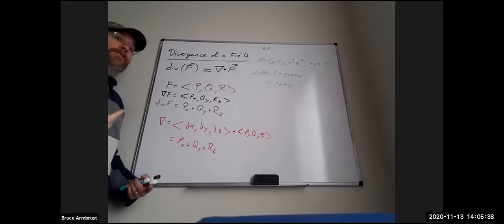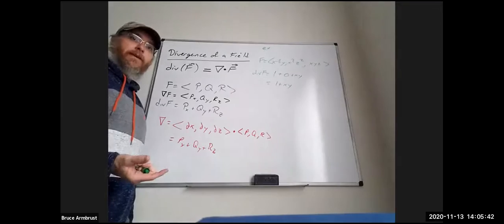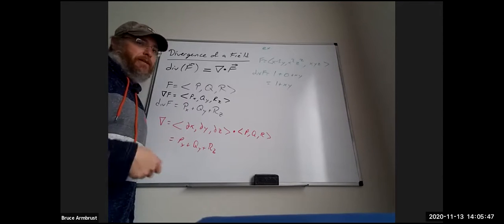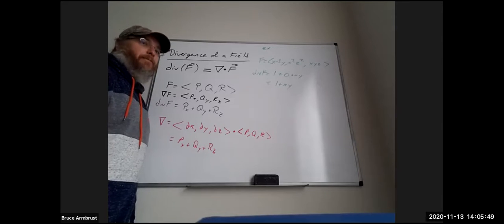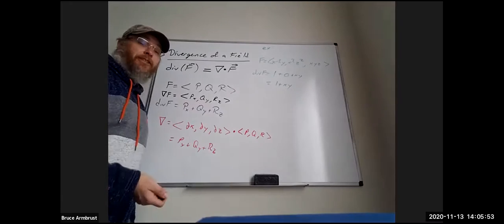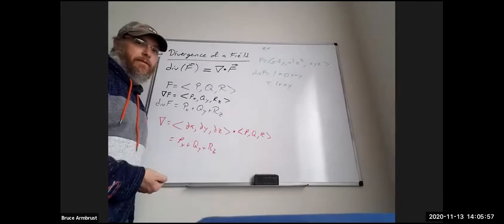Depending upon where you are, you'll get a different divergence, but that's the divergence in general. Like if we were at the point 1, 0, 0, you plug in 1 for x, 0 for y, 0 for z, and that gets you your divergence there, and so on.